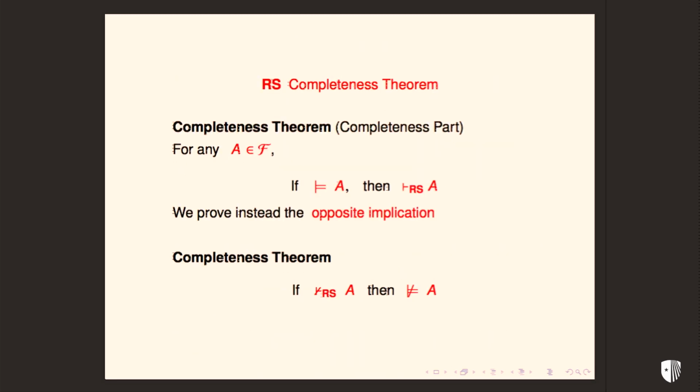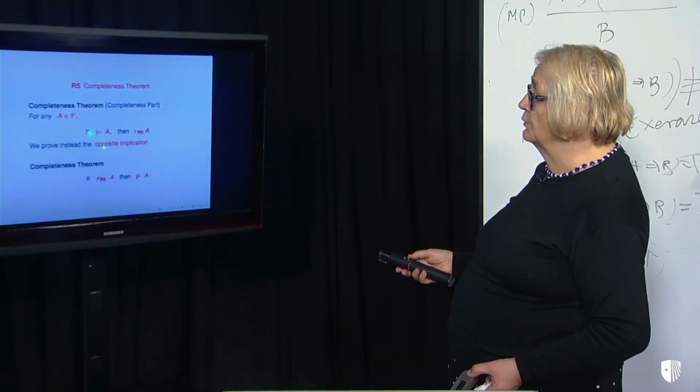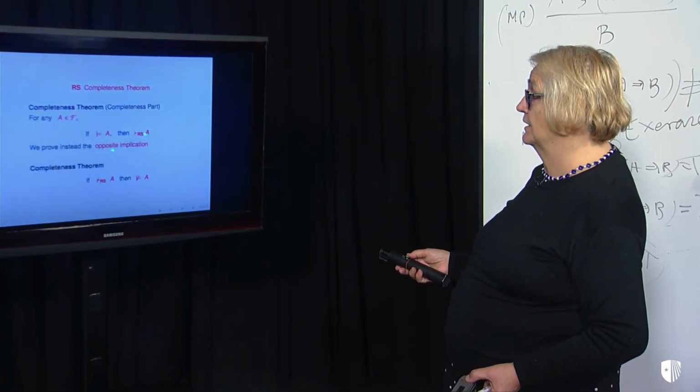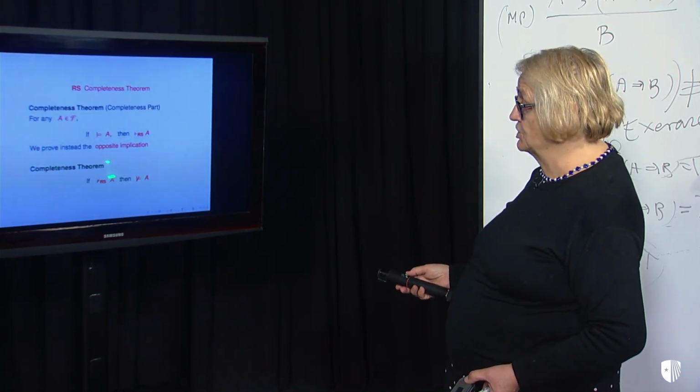And now, when we want to prove the completeness theorem, it means the completeness part. Because you have soundness, you need only to prove the completeness part, which says if A is a tautology, then it has a proof, and instead we prove the opposite implication.